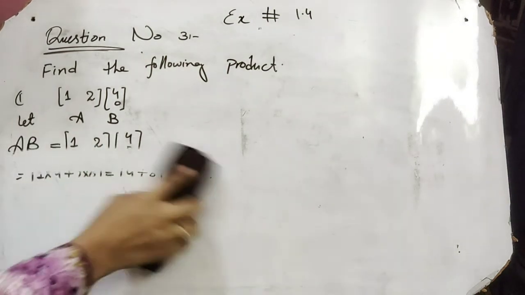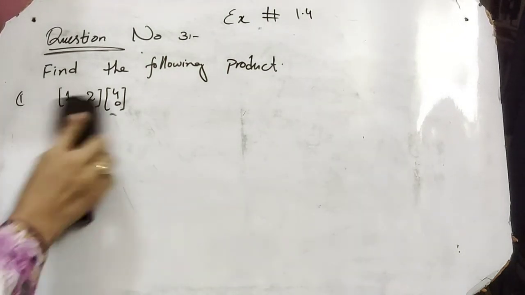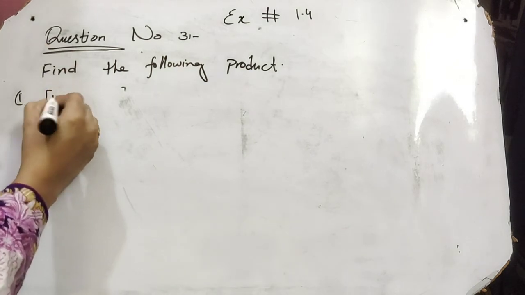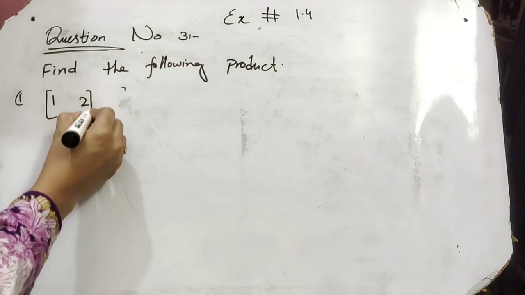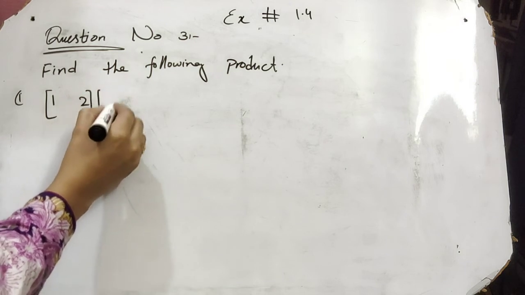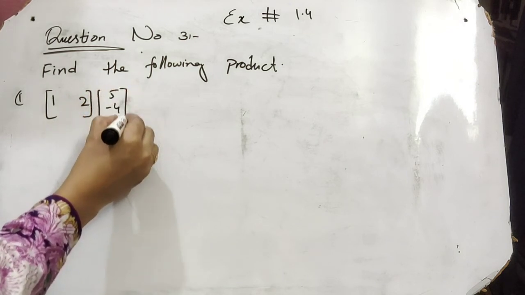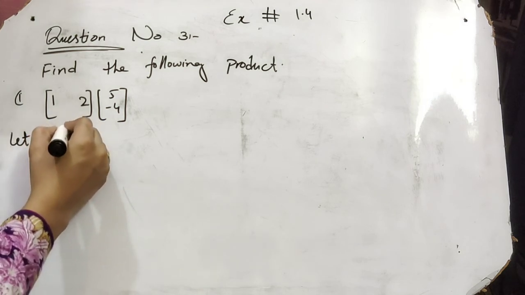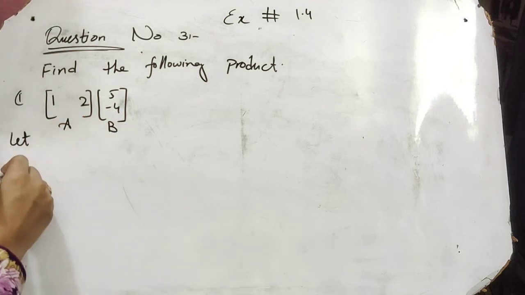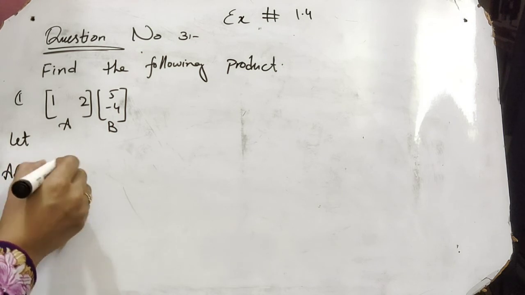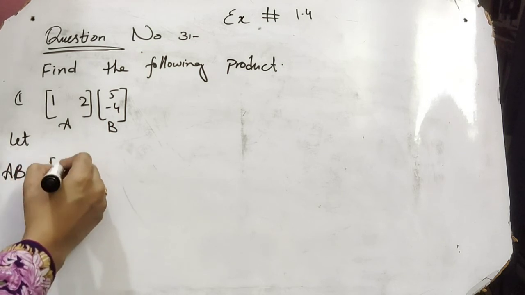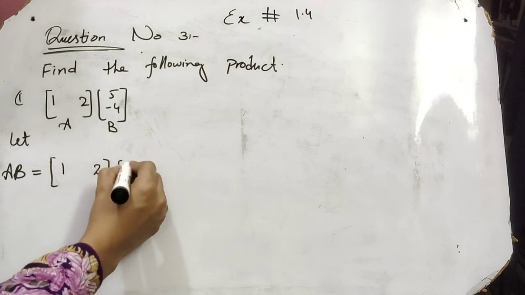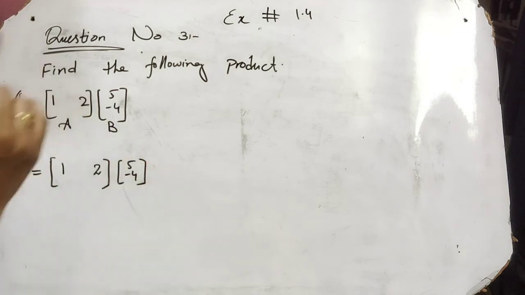So the next part is 1, 2, 5 and minus 4. Let this be A and this be B. So AB will be equal to 1, 2, 5 and minus 4.